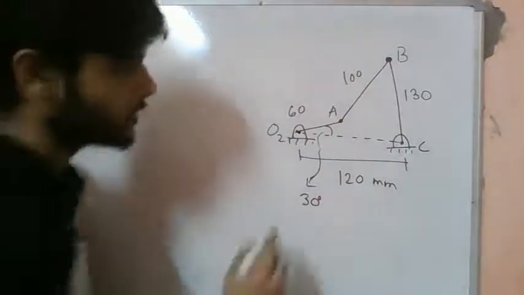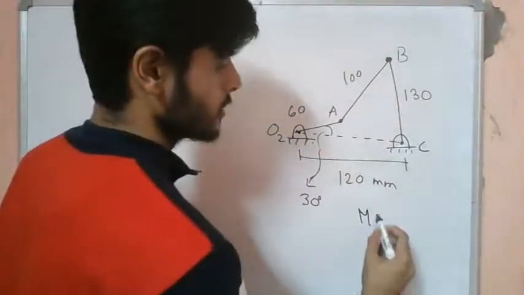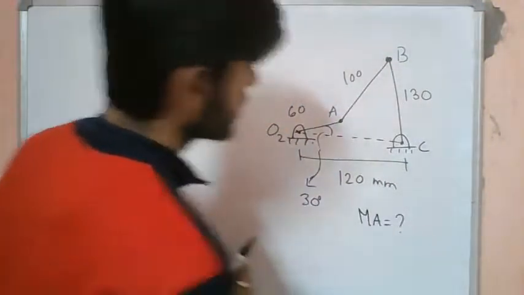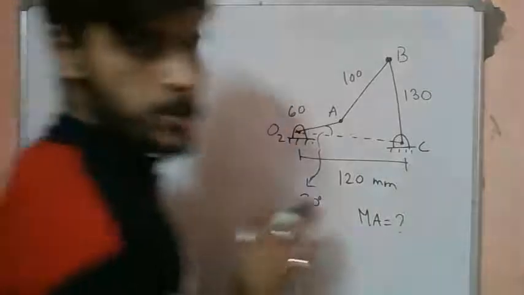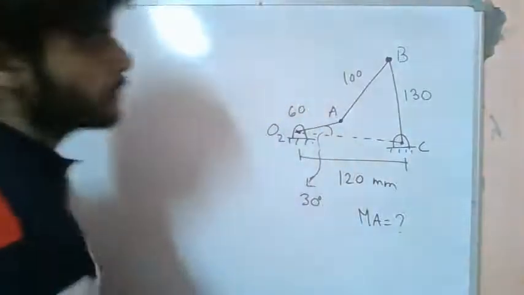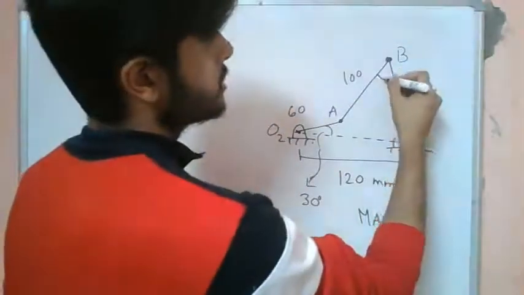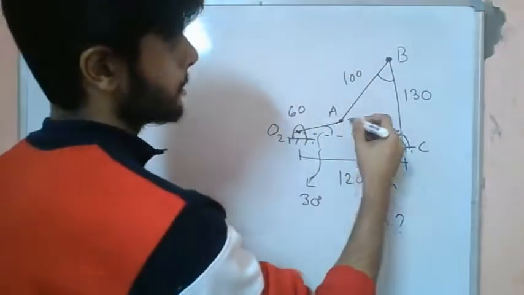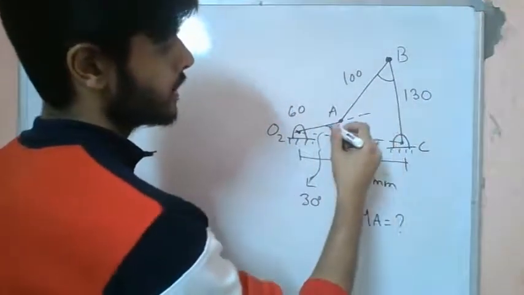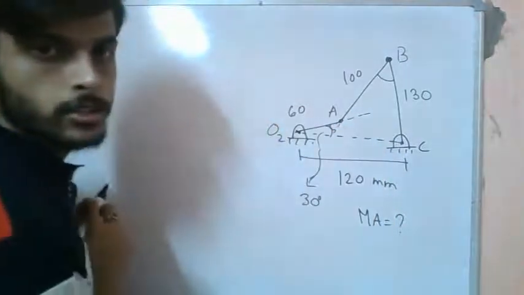We are required to find the mechanical advantage. As a first step, the angle between this link and the coupler is required, and the angle between these two links is required.